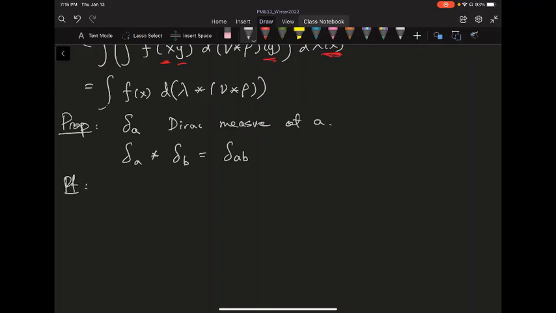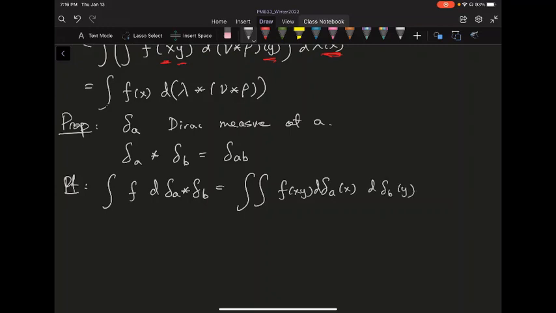All right, so the proof is fairly simple. You integrate a function with respect to the product. So the convolution delta_a * delta_b, by definition, is the double integral of f(x,y) d delta_a(x) d delta_b(y). In the first integral, integrating with respect to delta_a(x) just returns the function value at a.